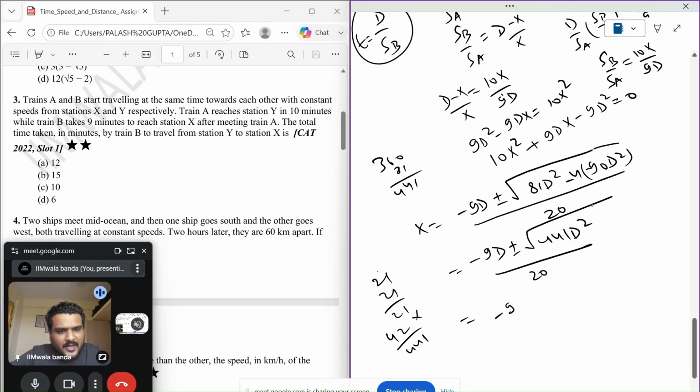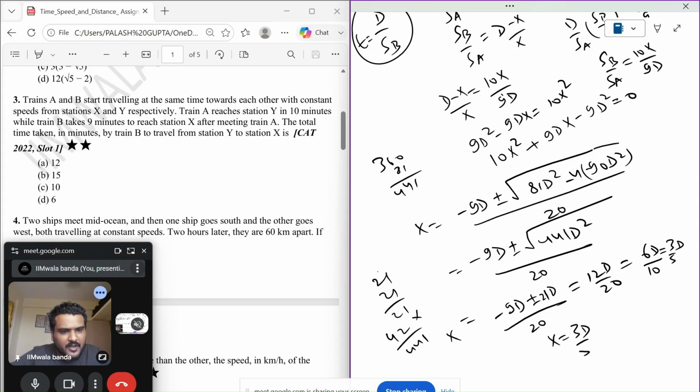So minus 9D plus minus 21D upon 20. Speed cannot be negative. It has to be positive. So 21D minus 9D, 12D by 20. This is x. Okay, we've got x, or 6D by 10, or 3D by 5. So x is 3D by 5.